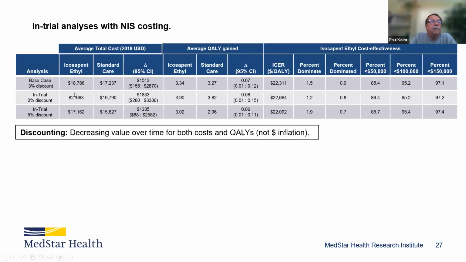And then we also have, and these are in trial analyses, we do obviously 0% discounting. So this is what the cost is. If you don't do any discounting, we still get an ICER that's 22,000 and some. And then we did a 5% discount, where again, it's about 22,000 some. So what this means is that to gain 1 quality adjusted life year, we're going to have to spend about 22,000 and some dollars.